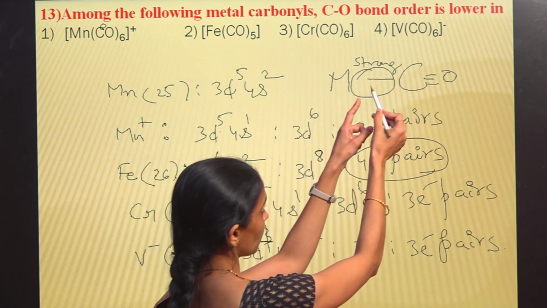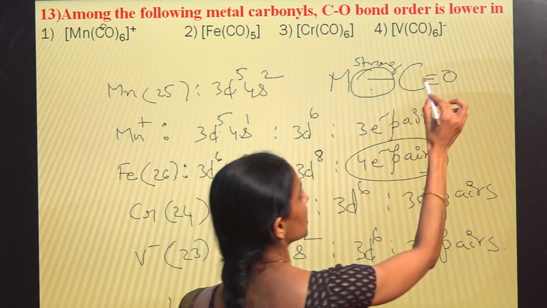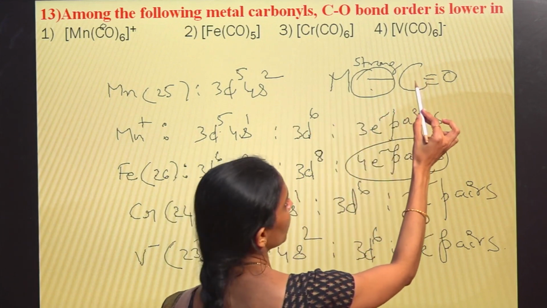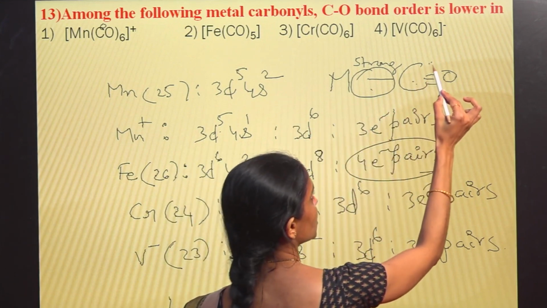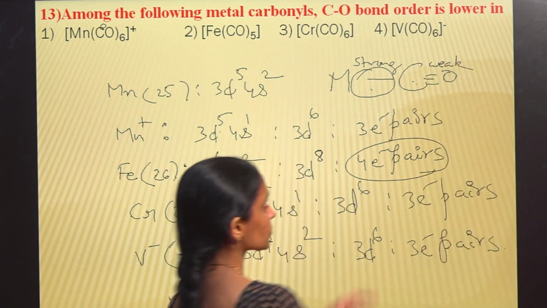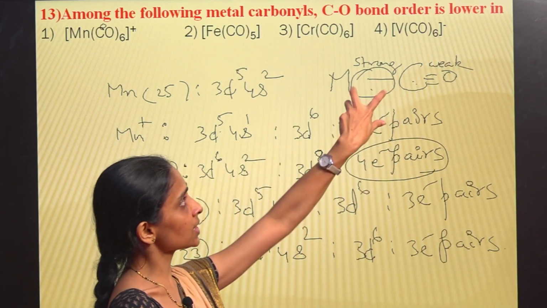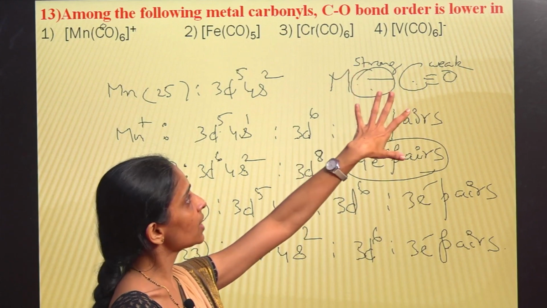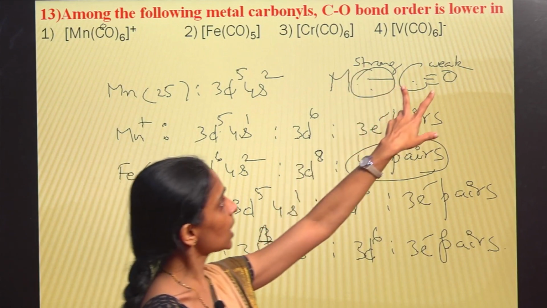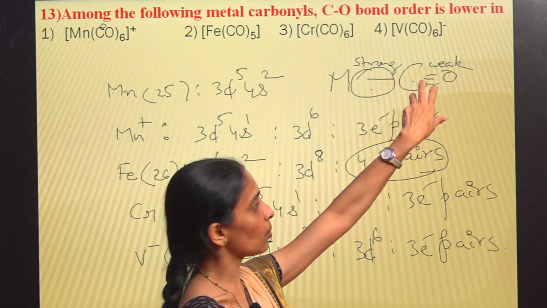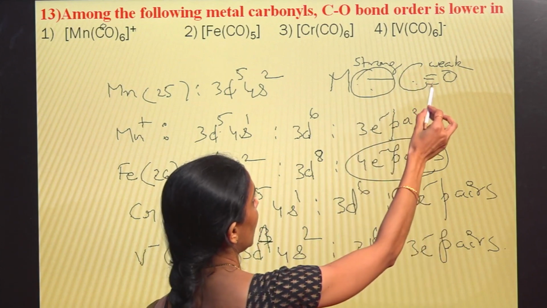When this bond becomes strong, the bond between carbon and oxygen becomes weak. When this carbon is interacting more with the metal, the bonding between carbon and oxygen becomes a little weak.